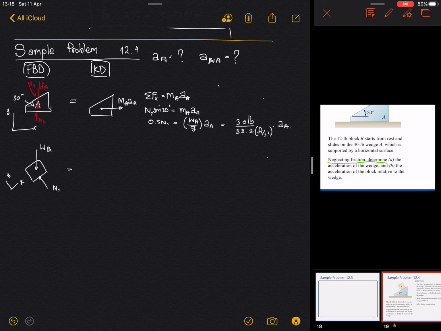Then for the KD you have also the same like this, and we have what? This M_B a_A, and also M_B a_B/A. So we have two accelerations here. Why?